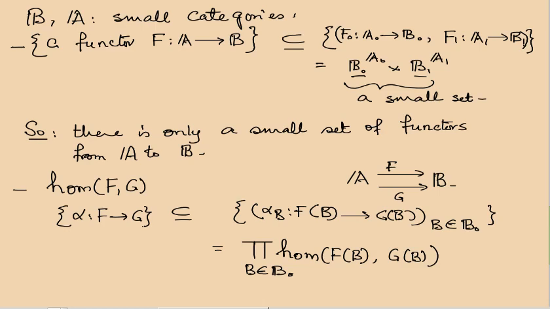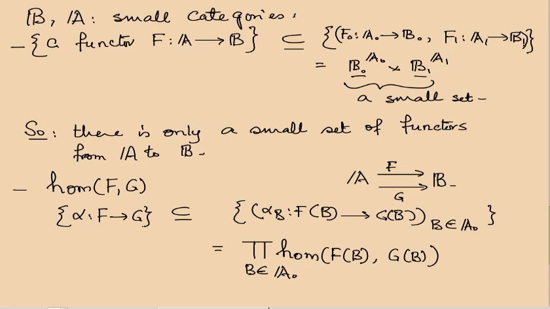FB to GB, these are in B. B is a small category, so these are all sets. A naught, I'm sorry, not B naught, I should have been more careful. A naught, right? FB to GFA.